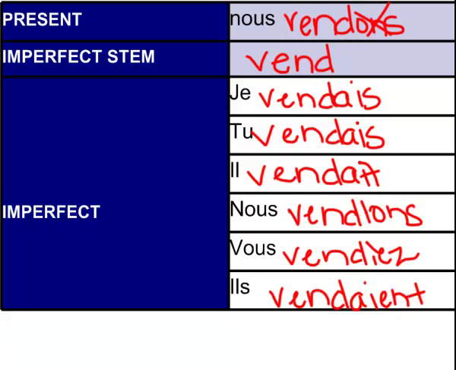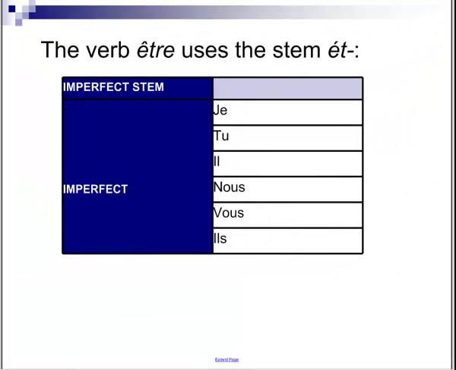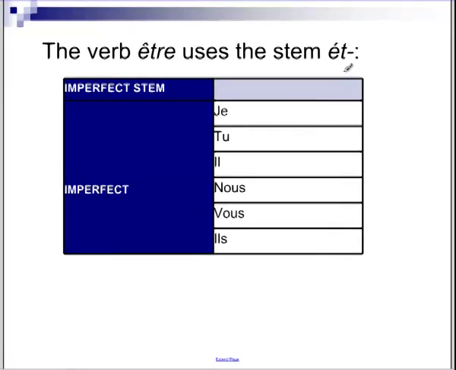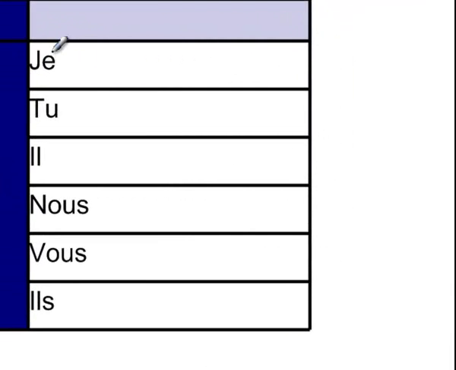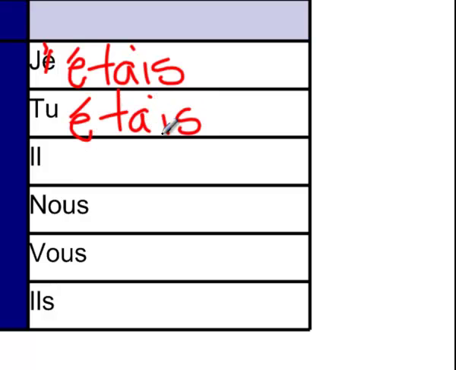Alright, so let's take a look at the verb être and the reason why it is an irregular verb. The verb être uses the stem ét, so it's an e accent aigu and the letter T. That is the stem that will be present in all of the forms of être, and then you just simply add the imperfect endings. To say I was would be j'étais. You've seen that on your vocab list. To say you were, tu étais. He was, il était.